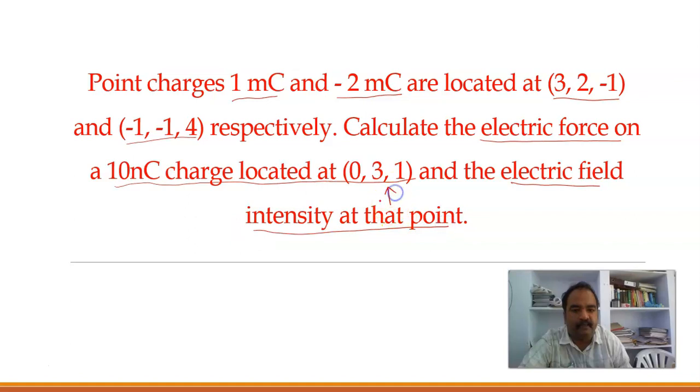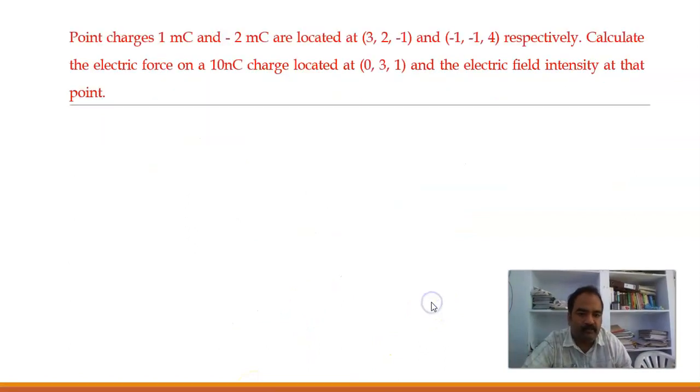So we do have 2 points where there are 2 charges, Q1 and Q2, and there is another point which is to be considered. So we need the force and also the electric field at this point due to these charges, Q1 and Q2. So let's try to solve this particular problem now.